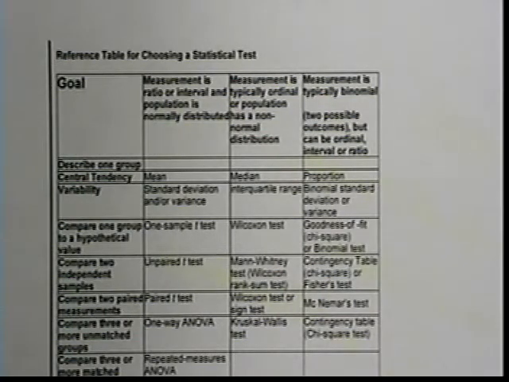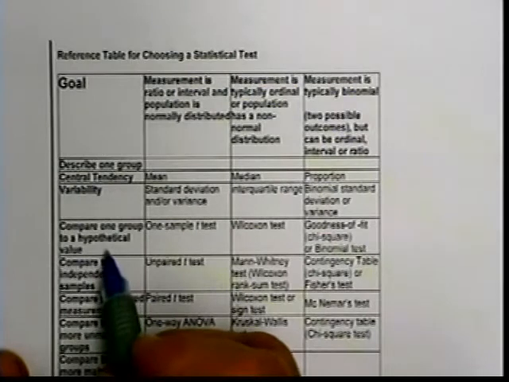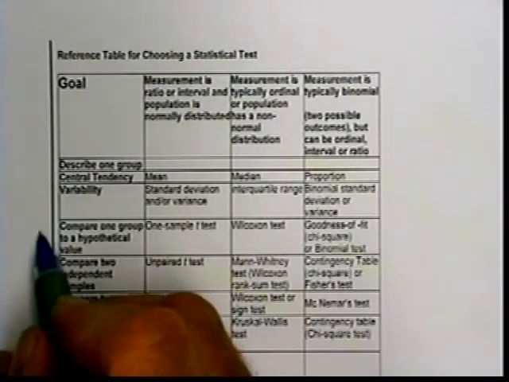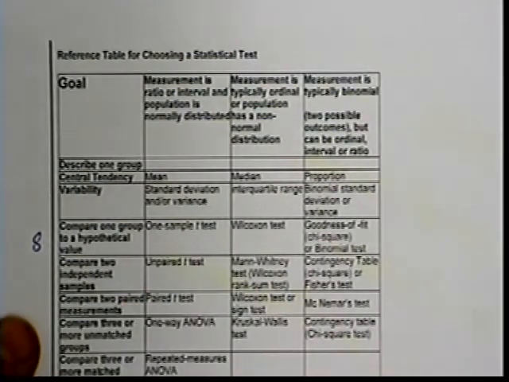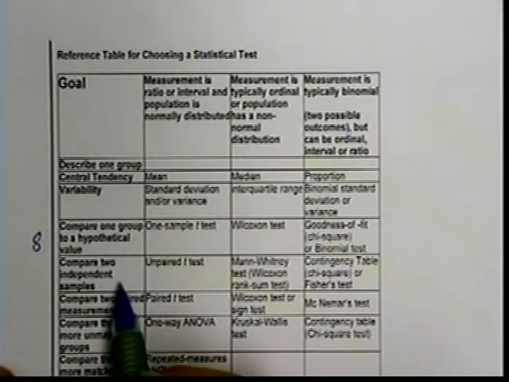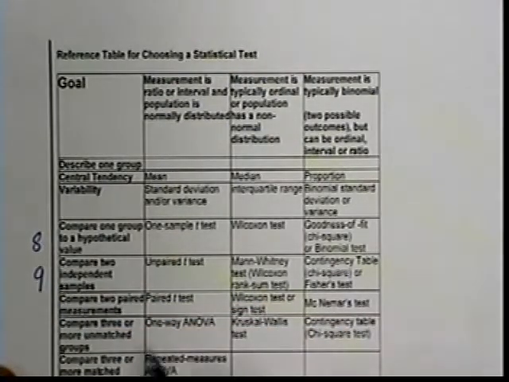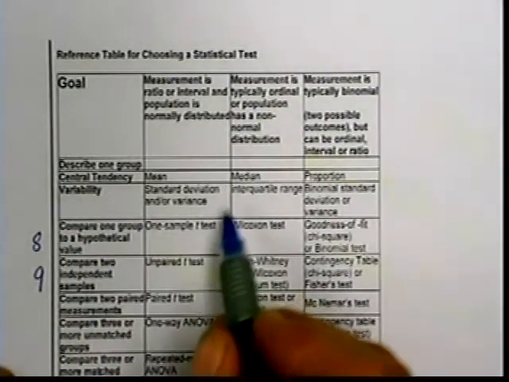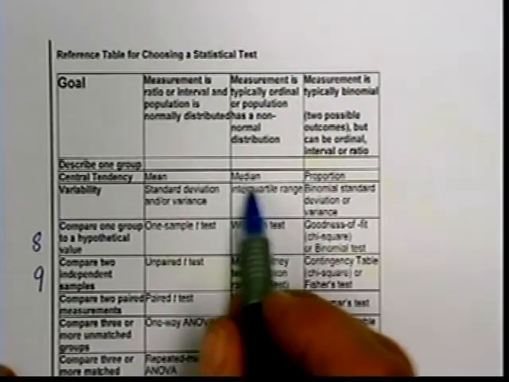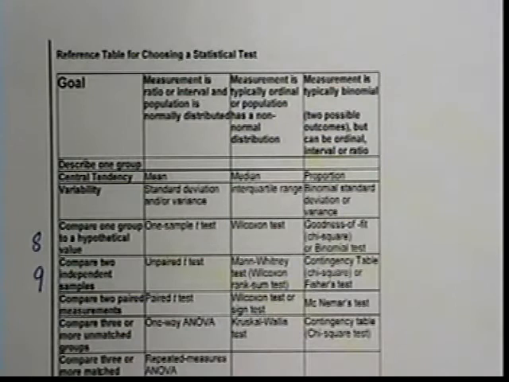So what we've done is we've compared one group to a hypothetical value. That is found in Chapter 8. Comparing two groups, two independent samples, that is going to be Chapter 9. These measurements of the interquartile range and the median, the proportion, those were covered in earlier chapters.